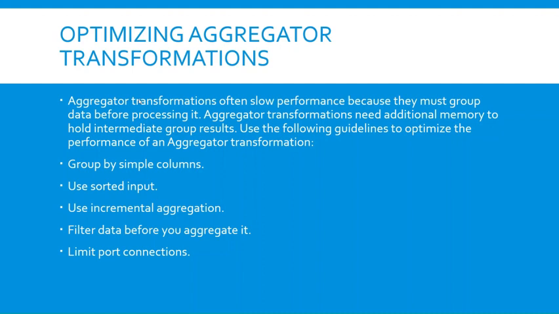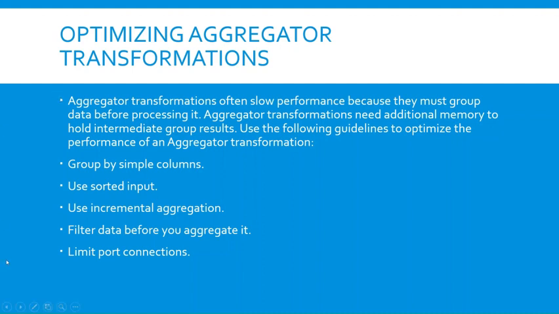They can do product-wise analysis: how much of a product was selling in a particular area, and who is buying. This kind of information you can get by the aggregator transformation.